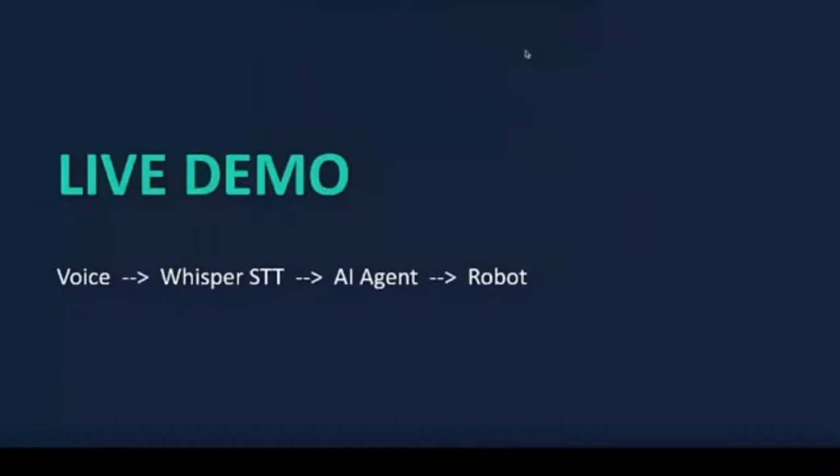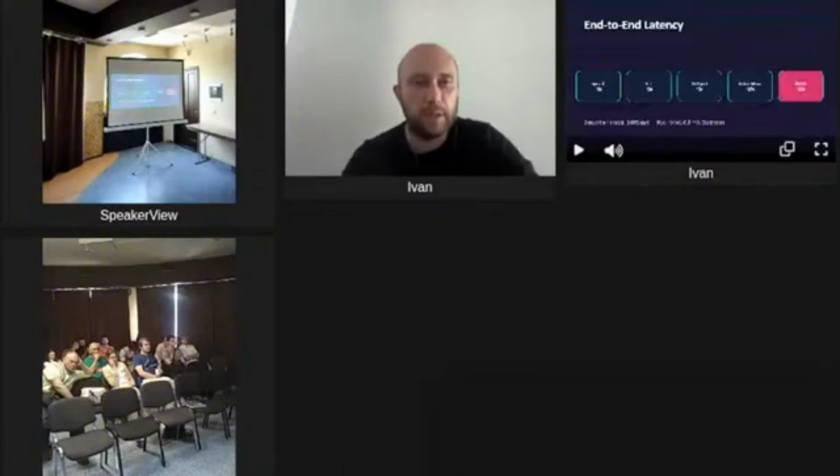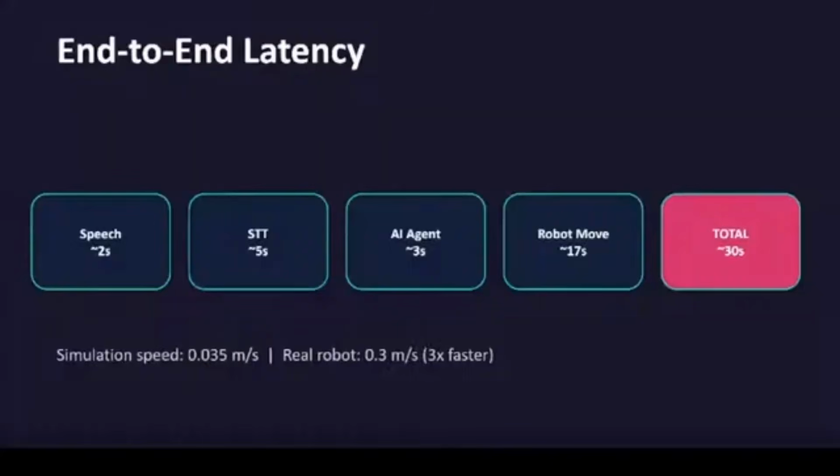So you see this demo, and let's dive deep and understand how it works end to end. First of all, you saw some latency here. First of all, that's about my style of speaking. We are spending around 2 seconds for our speech, plus some time for speech to text.